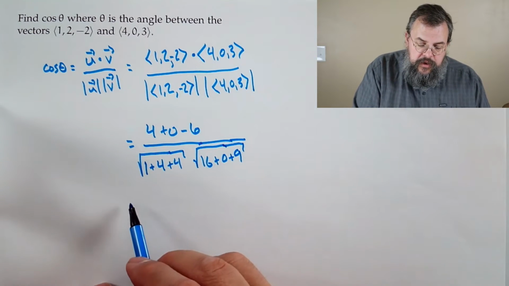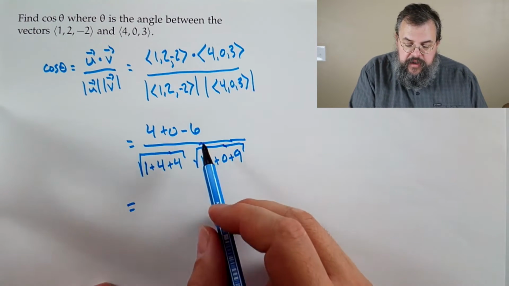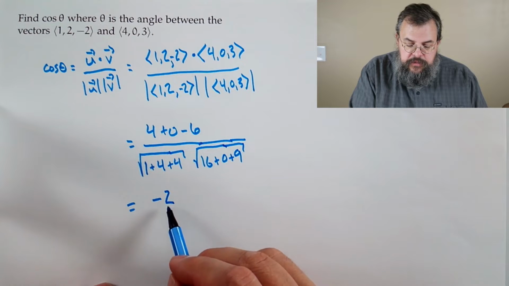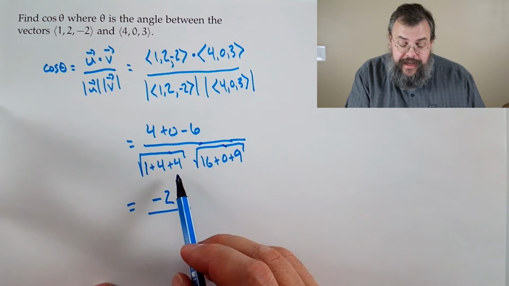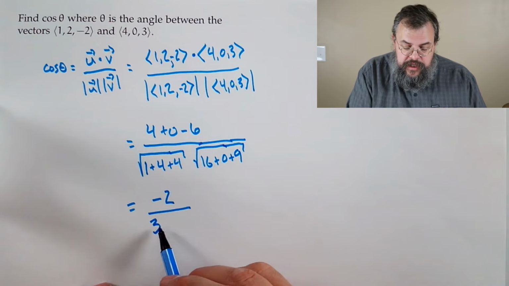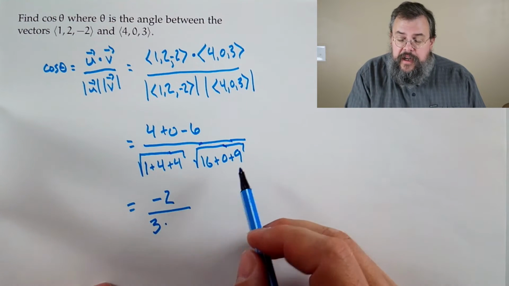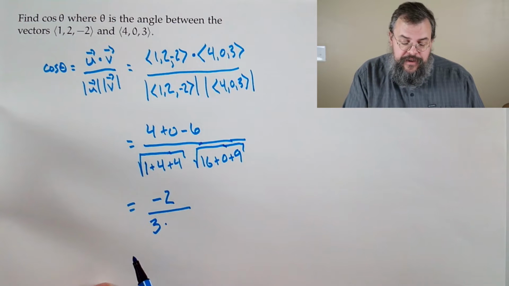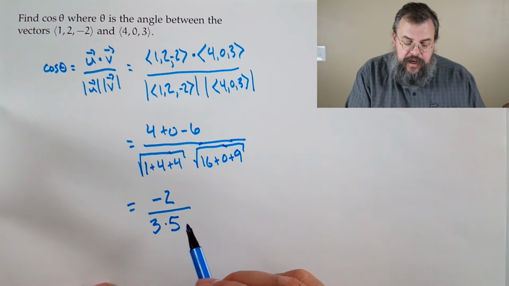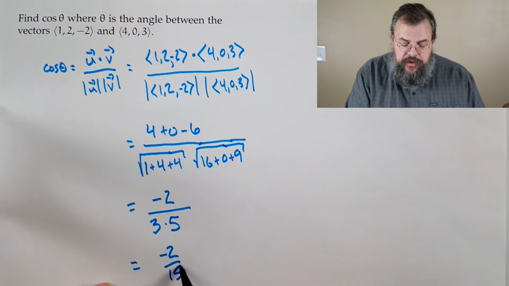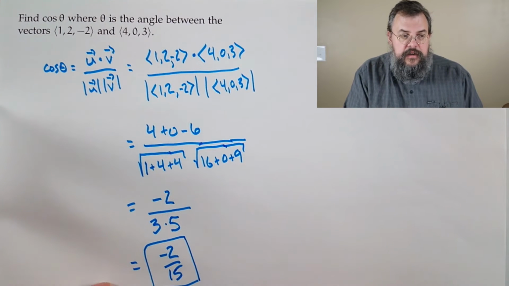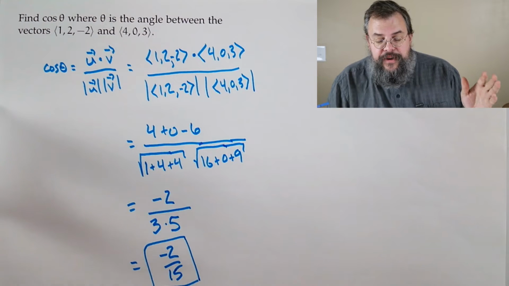All right, so 4 plus 0 minus 6, -2. 1 plus 4 plus 4 is 9. Square root of 9 is 3. 16 plus 0 plus 9, 25. Square root of 25 is 5. And so we end up with -2 over 15. And we're done, because we found cosine theta.